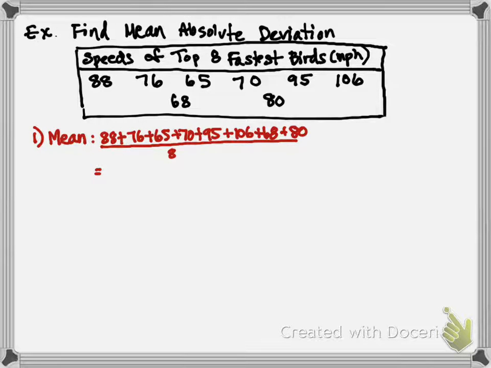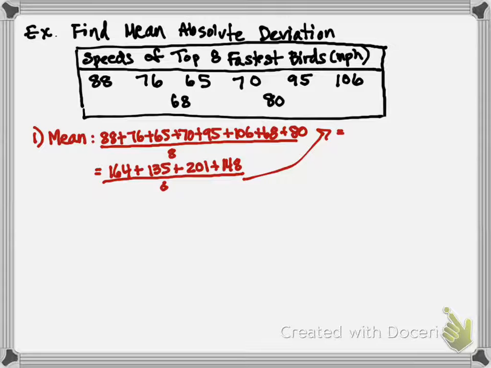Now, when we simplify down, the first two give me 164. The second two add up to give me 135. The next two add up to give me 201. And the last two add up to give me 148. And then I'm going to continue over here. And we're going to add those up.